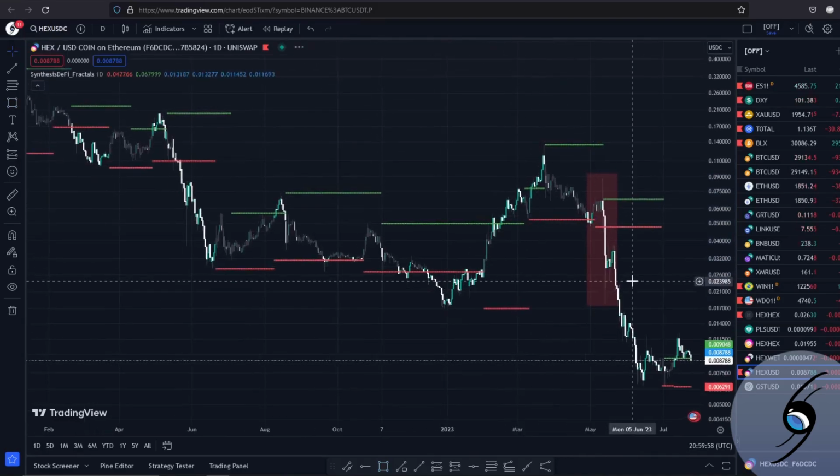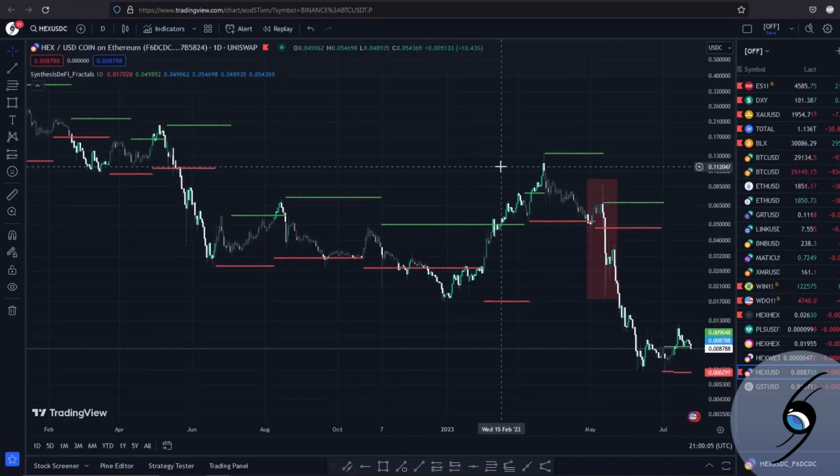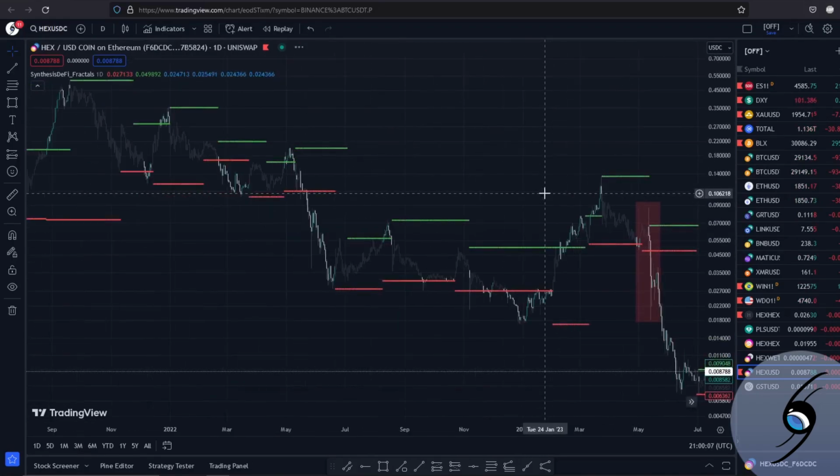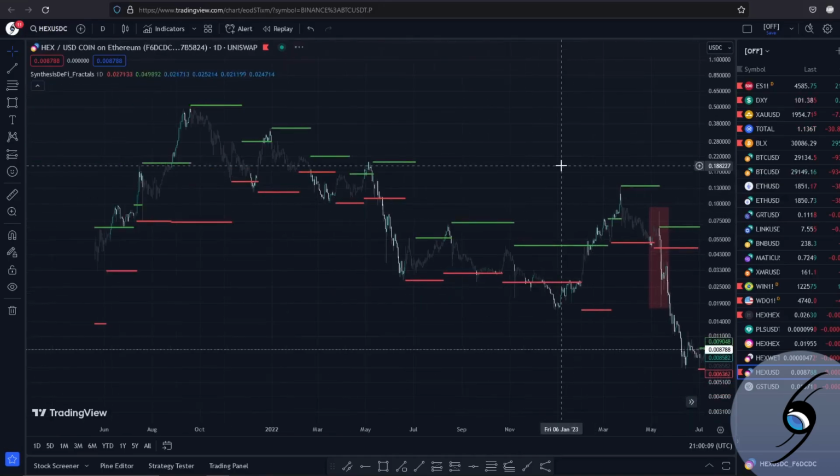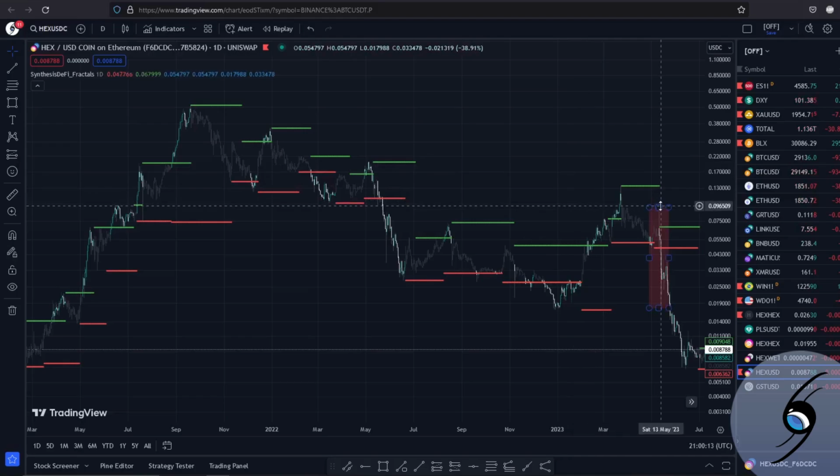So in May 2023, the supply of HEX tokens was duplicated. This means that in Pulsechain, you had the same amount of HEX as in the Ethereum chain. But the price halved. It dropped 50%.